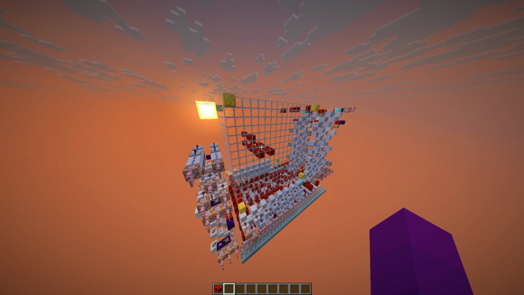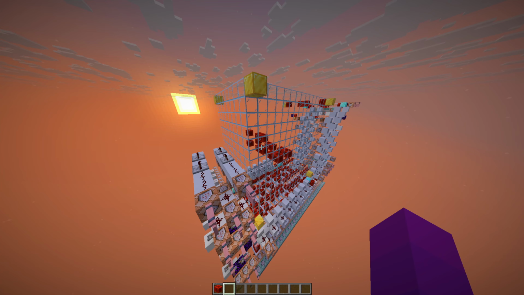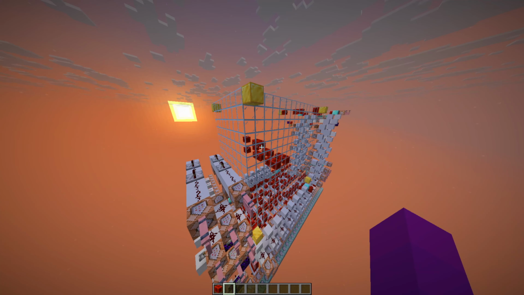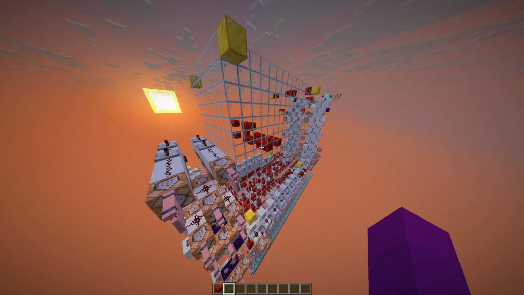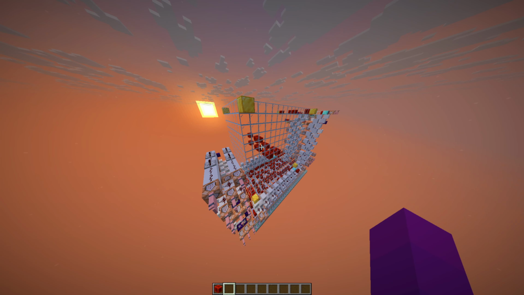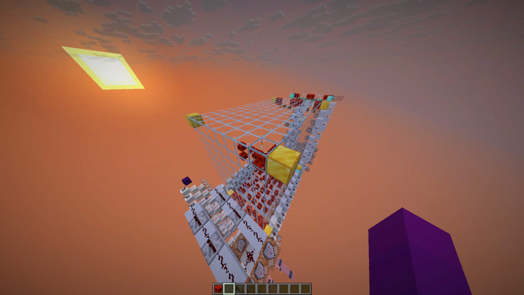So that would get kind of big quick, but a megabyte in this small amount of space would be pretty good for just storing binary, like bits. And like I said a second ago, you could probably store hexadecimal with the music disks.